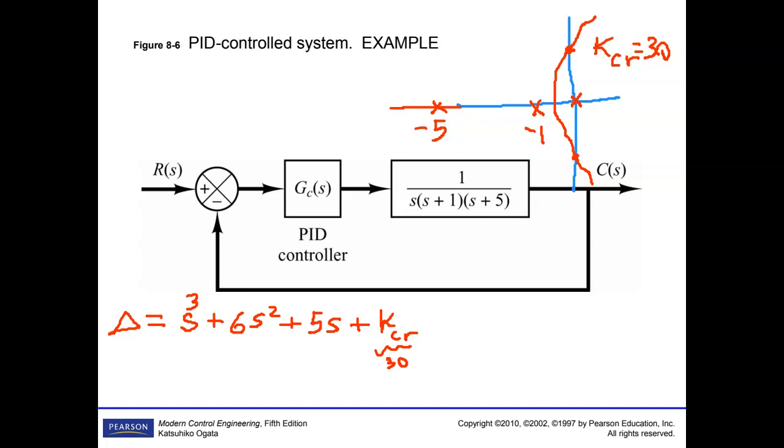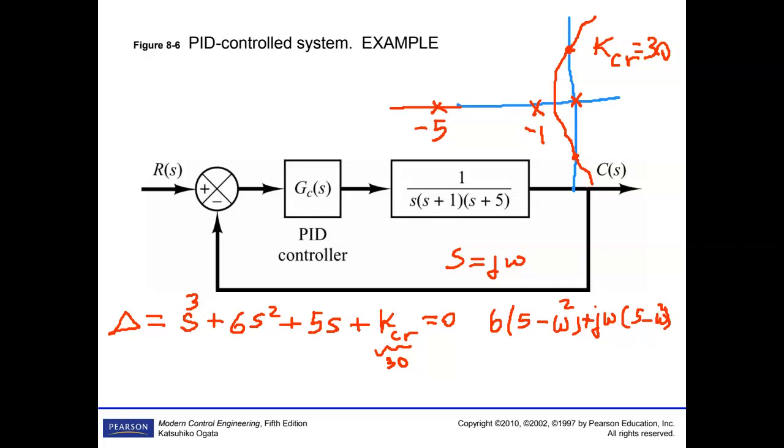And if you write s equal j omega, since it's already the j omega axis, if you put s equal j omega, you are going to obtain that the system has got 5 minus omega square plus j omega times (5 minus omega square), which is equal to 0.